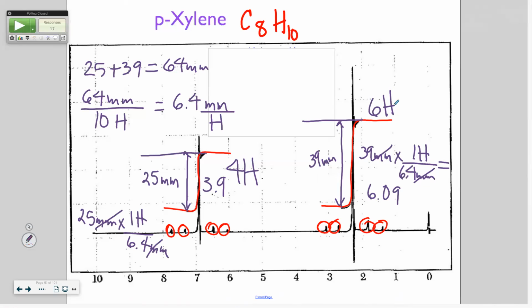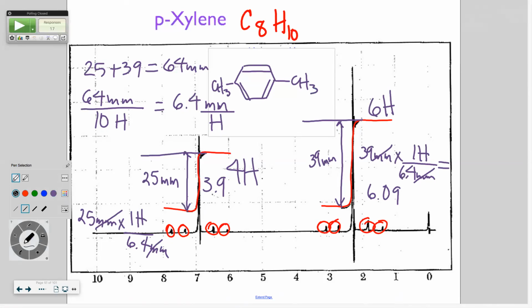That is life. Okay, this is paraxylene. It might be written on your handout. Okay, do you see the hydrogens? How many kinds are there? There's 2.